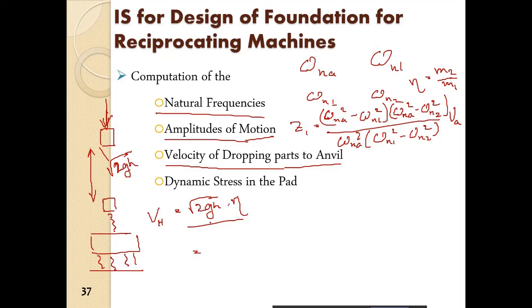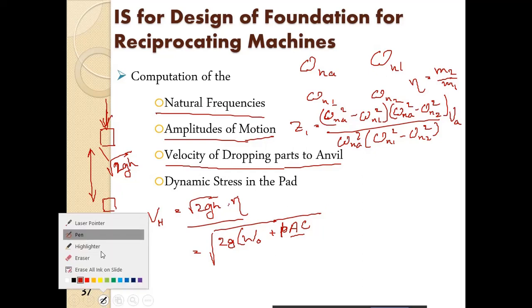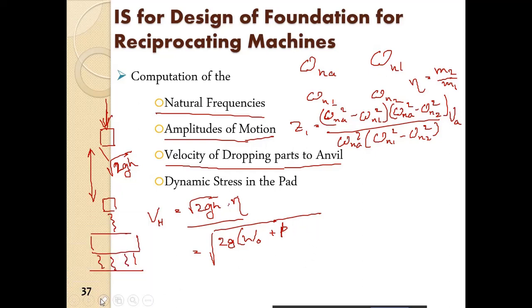So we will have the root of 2g (W0 plus P into AC) into h, divided by the weight of the hammer. Here AC is the area of the cylinder, so P pressure into area is the force.